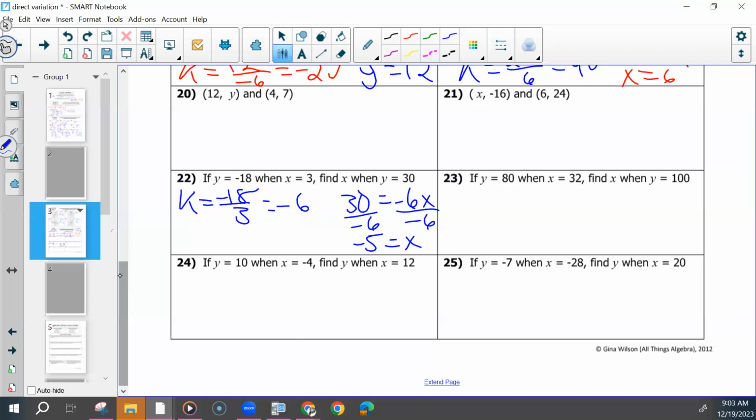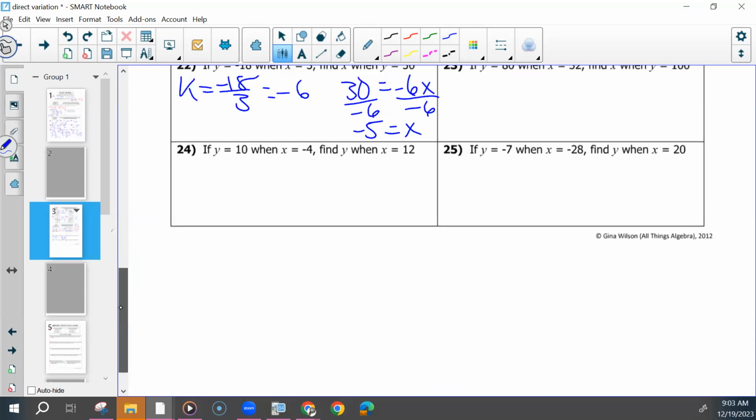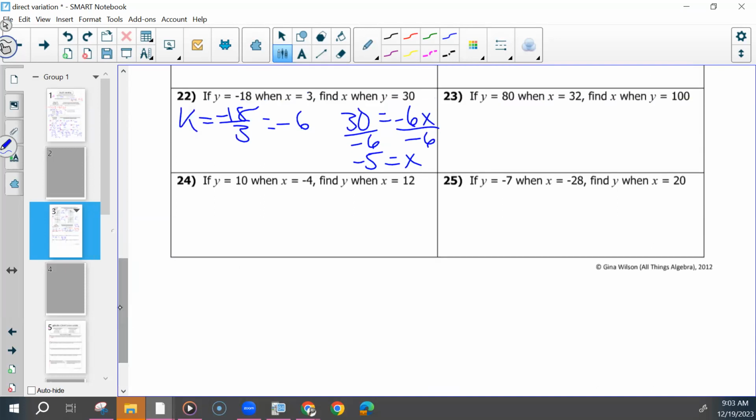Right, we found x, so let's do one where we find y. If y equals 10 when x equals -4, find y when x equals 12. What's our first step?